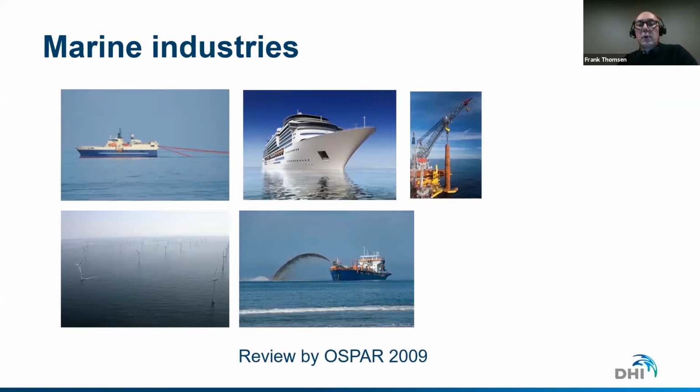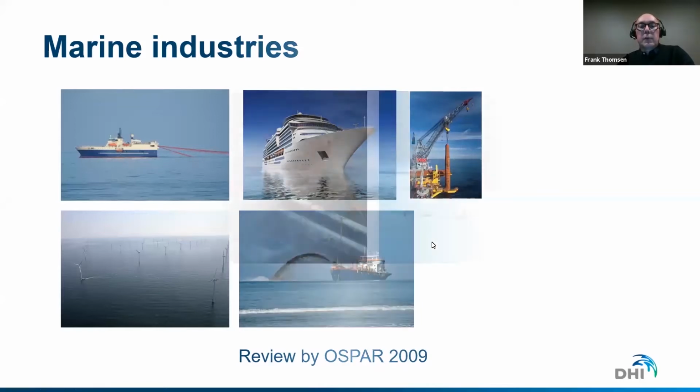Then you got offshore construction for offshore wind farms, but also port and harbor construction and oil and gas platform construction. And then industrial activities, such as this dredging activity here. This is an aggregate dredger. Dredging is worldwide distributed, and it's certainly a marine industry of great significance.